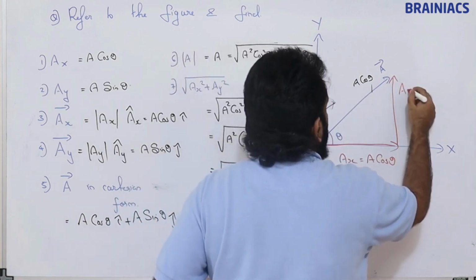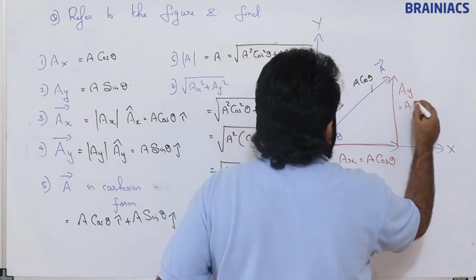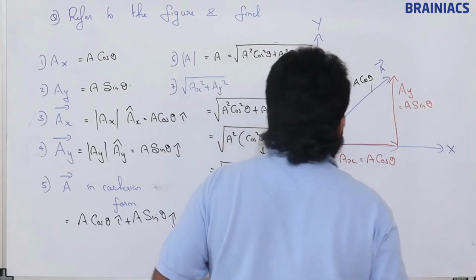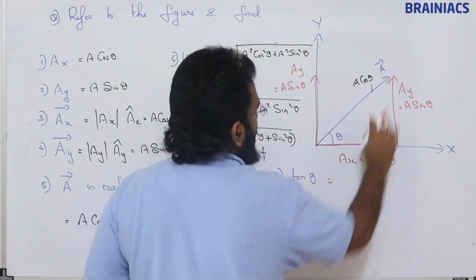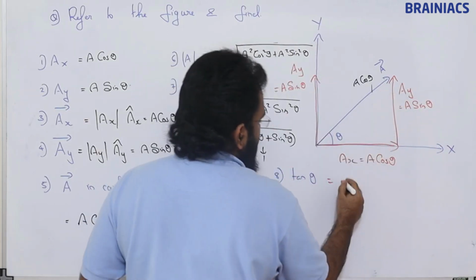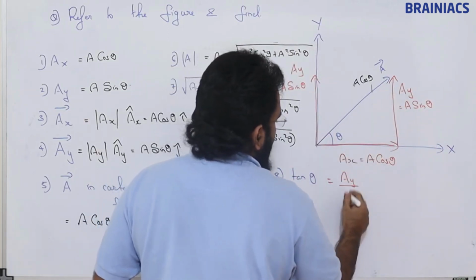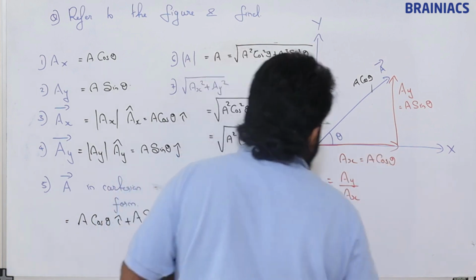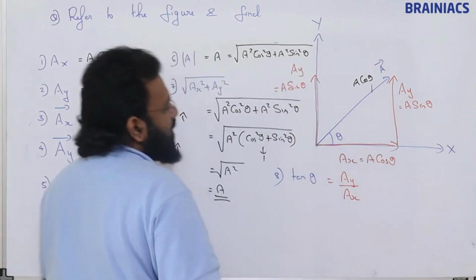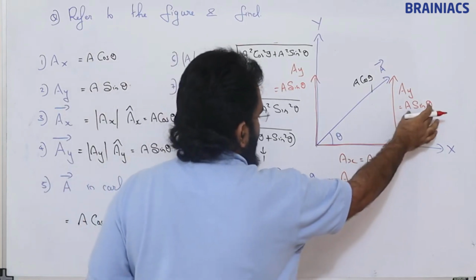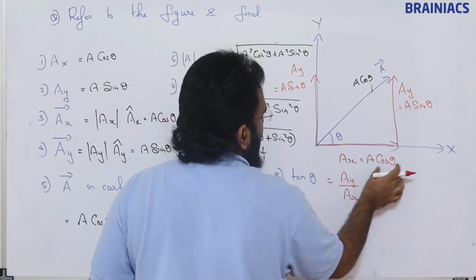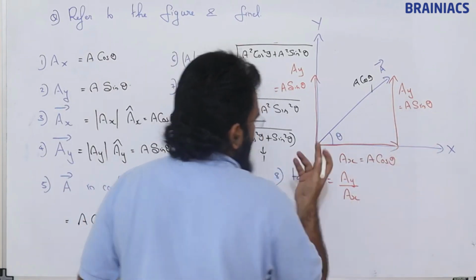This is nothing but ay, which is a sin theta. So tan theta is nothing but opposite side by adjacent side, ay by ax. So a sin theta by a cos theta, which is nothing but tan theta only.